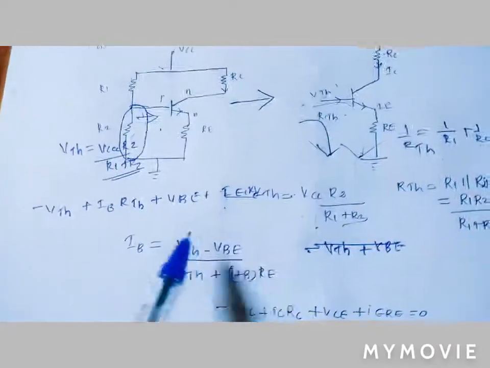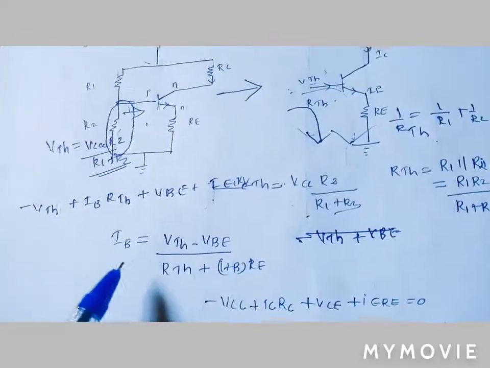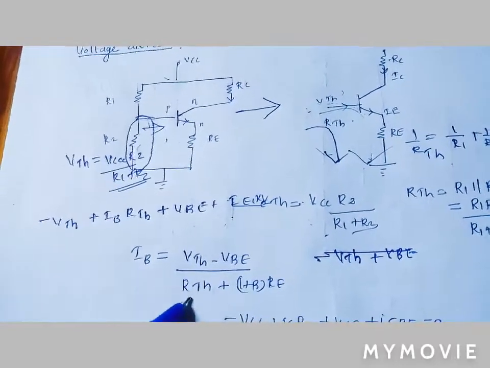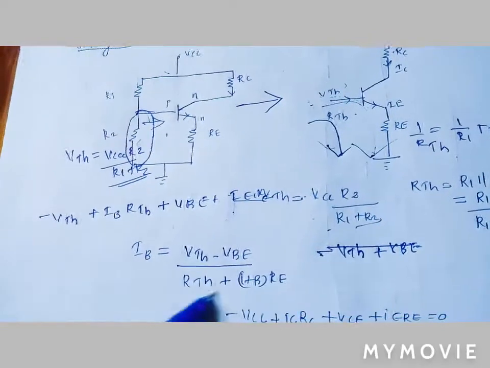IERE changes as IB into 1 plus beta RE. So from that we get IB as VTH minus VBE divided by RTH plus 1 plus beta RE.